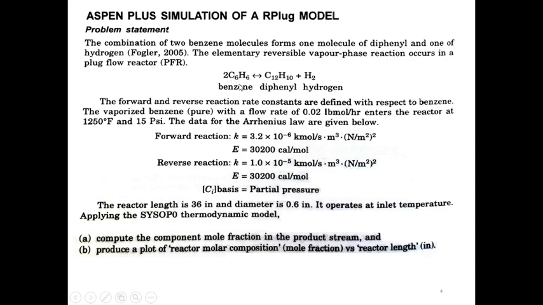That is one forward reaction where benzene is changing to diphenyl and hydrogen, where benzene will be treated as the reactant and diphenyl and hydrogen as the product. In the second reaction, that is the reverse reaction, you have to treat diphenyl and hydrogen as the reactant and benzene as the product. And over here you can see that the forward and backward reaction data for the rate constant and the activation energy, everything is given.